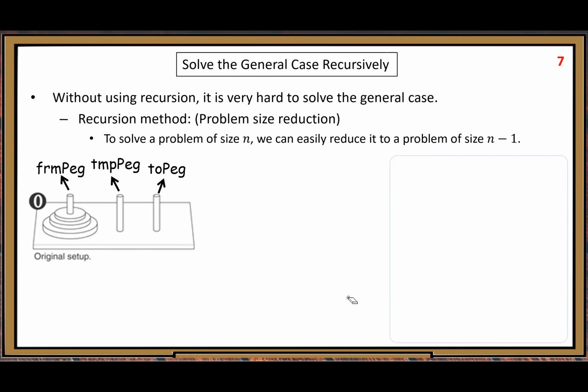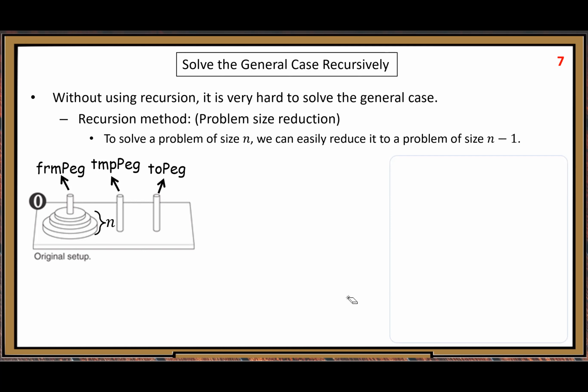So here in the diagram, we revisit this arrangement. But we assume we have that n-disk stack. Imagine the pile has n disks.